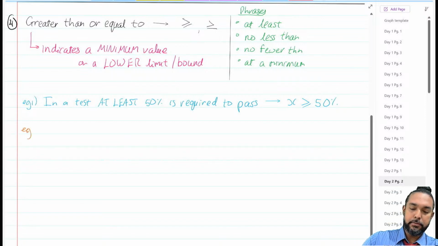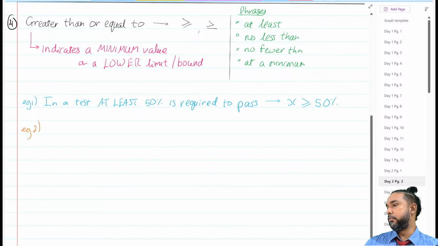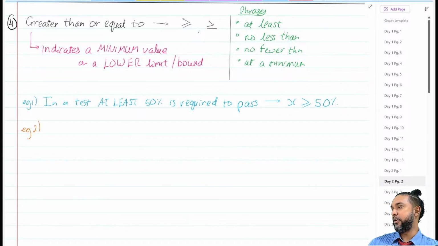And example 2, right? Not less than 12 passengers are required for the taxi to depart.